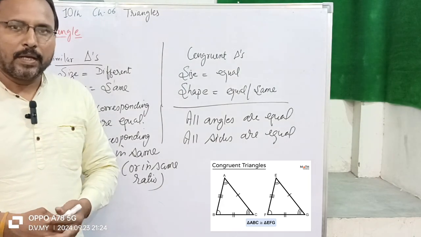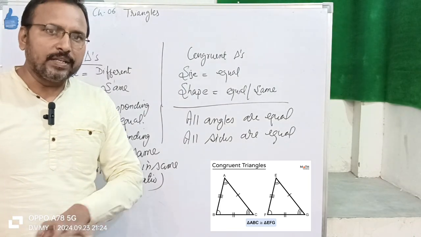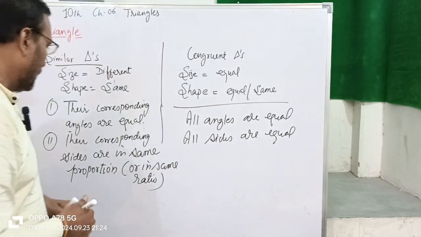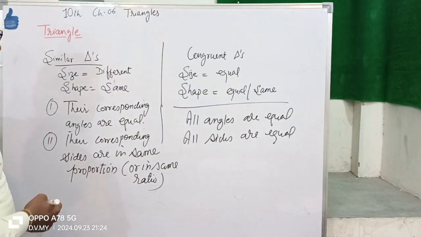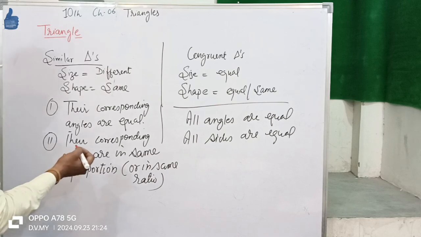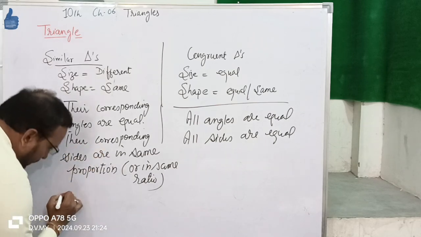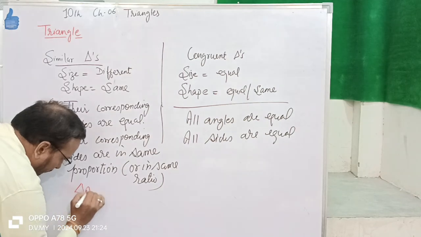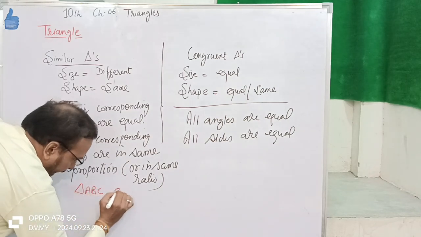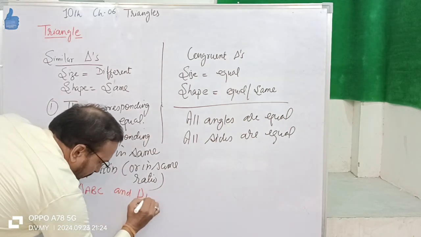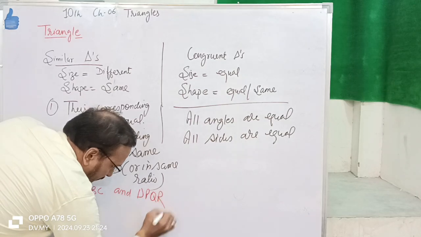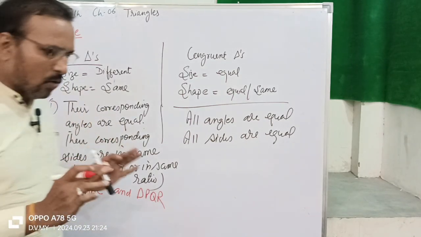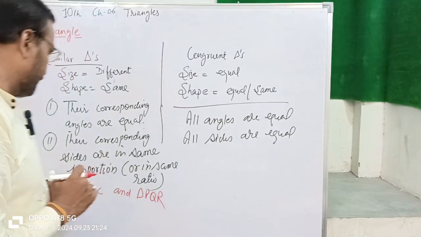Okay, now move to the next level. One thing more, if two triangles are given, like triangle ABC and triangle PQR, and both triangles are similar, then how will we write them?